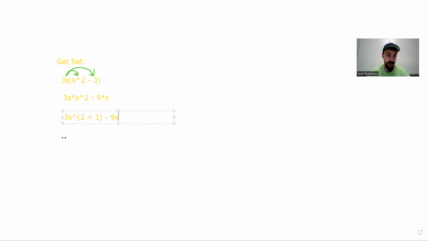So then if you add the exponent, you get 3s cubed minus 9s, right? See that? That's simple enough.